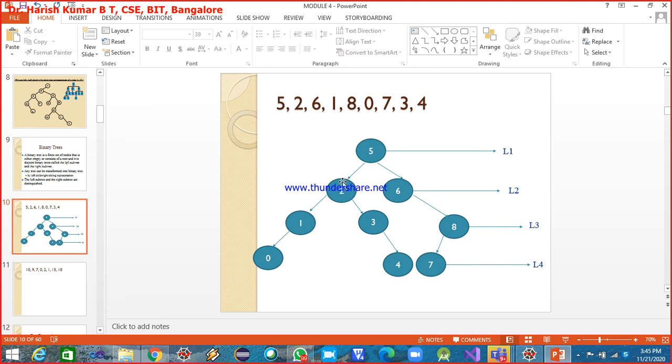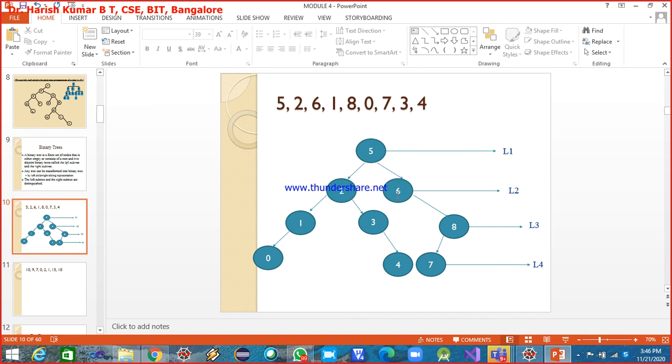When I travel, I reach 2. Now I compare 1 with 2. 1 is lesser than 2, so it is inserted to the left of node 2, becoming the left subtree of node 2. Then similarly I take 8 and compare it with 5. Since 8 is greater than 5, I travel along the right subtree of 5 and reach 6.